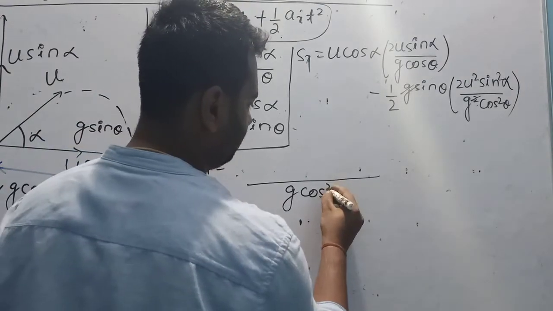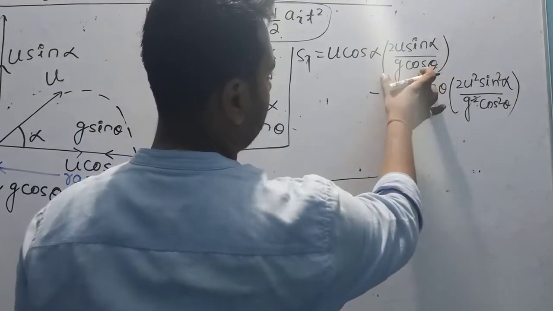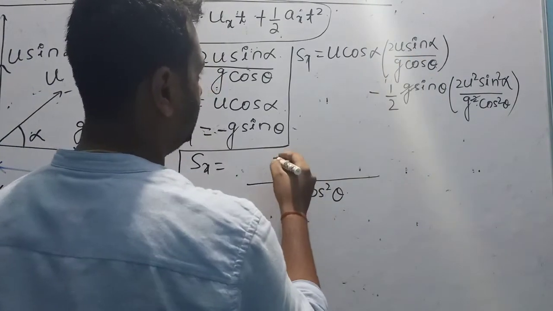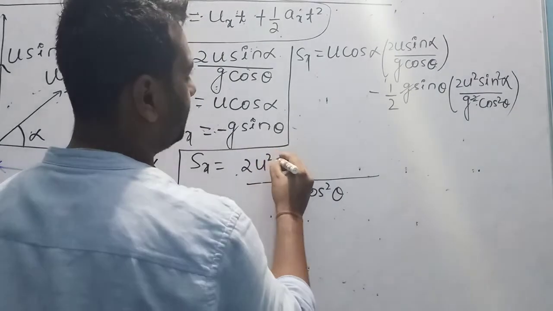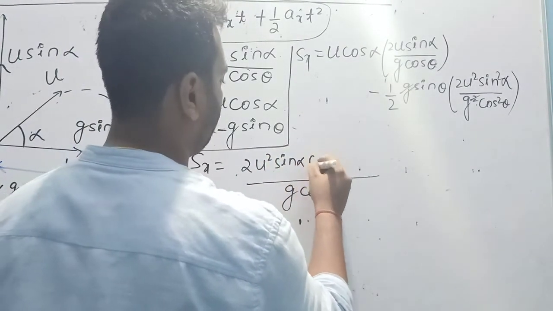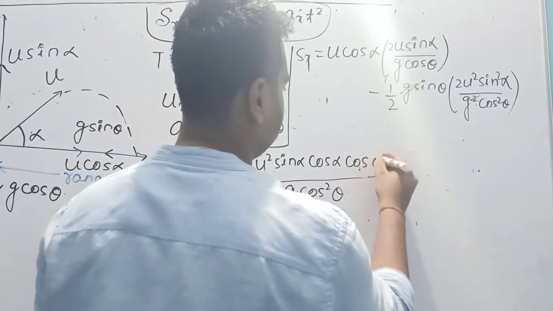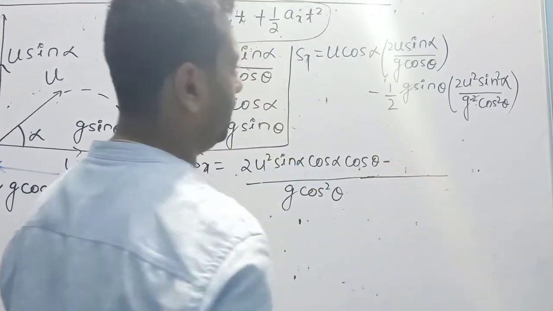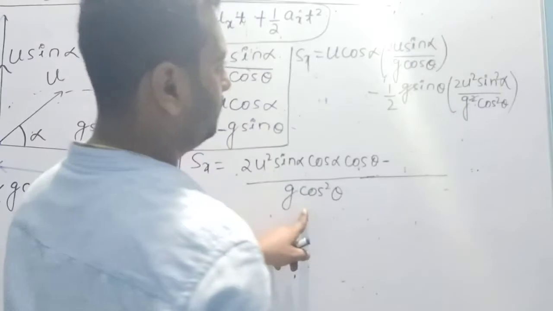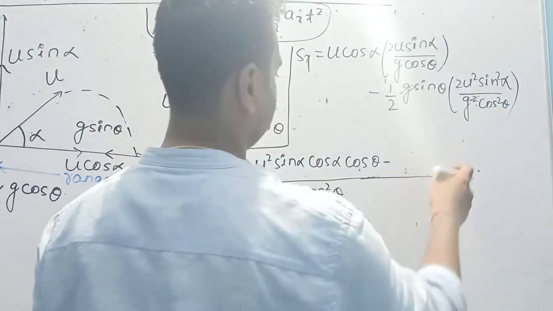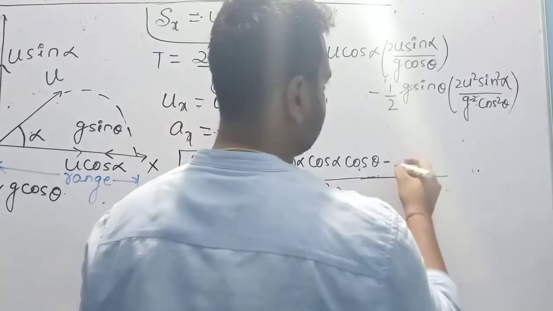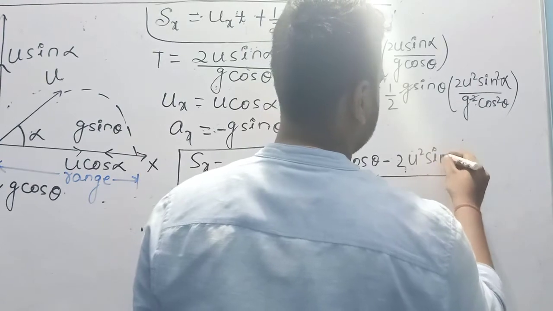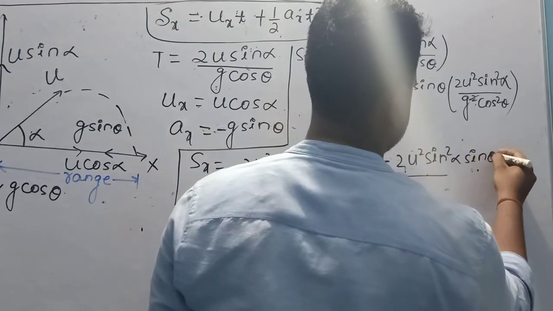Here one cos theta will remain left. 2u square sin alpha into cos theta will be left, minus g cos square theta is there, minus 2 into what will be left here, u square sin square alpha into sin theta. This will be left here.